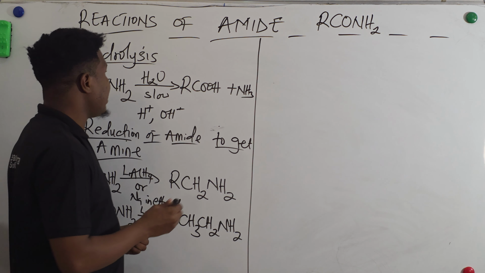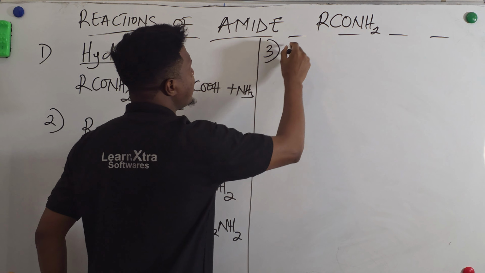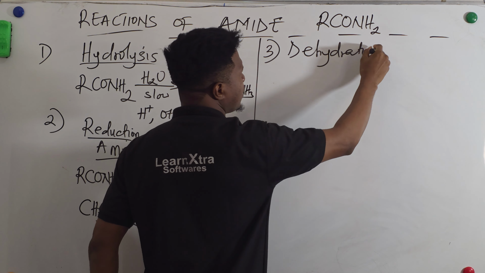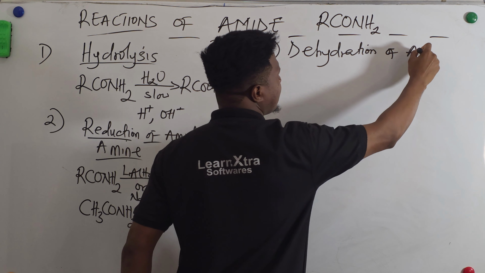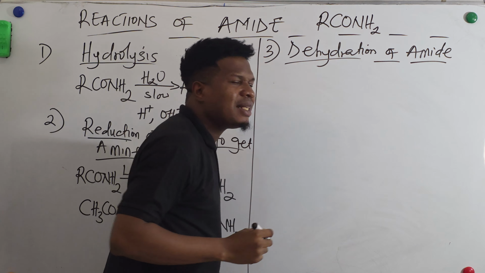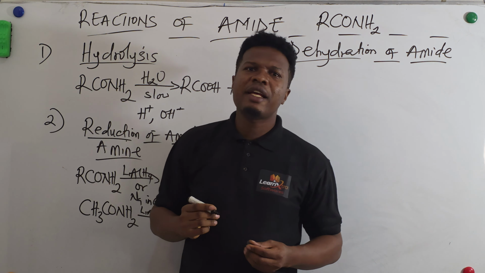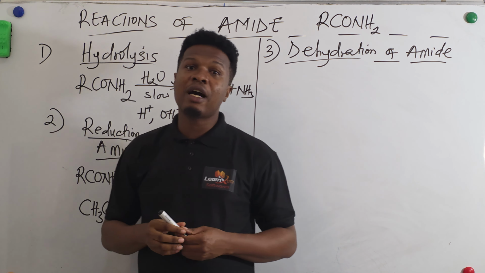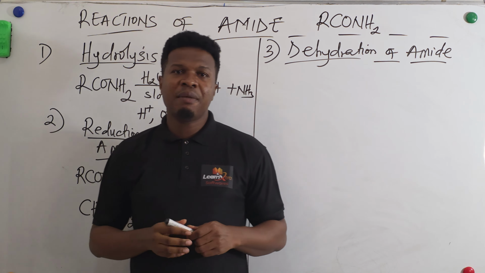Let's look at the next one, number 3, dehydration of amide. Amides are dehydrated in the presence of phosphorus pentaoxide.